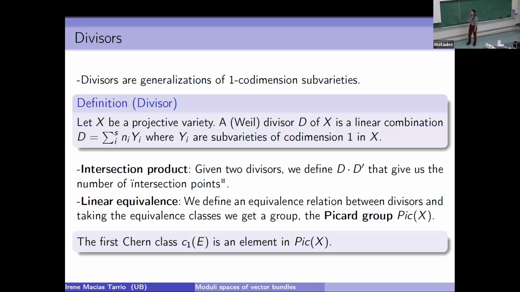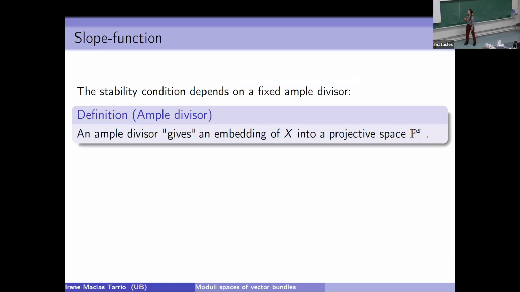So coming back to the elements in the Chow ring, if we consider the first Chern class, we are also talking about codimension 1. So we can see the first Chern class of the vector bundle as an element in the Picard group, roughly speaking. So we have this definition of divisors that form this group, and we are interested in one kind of divisor, the ample divisor.